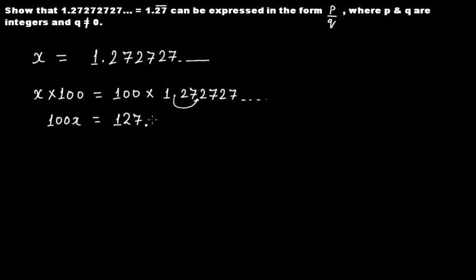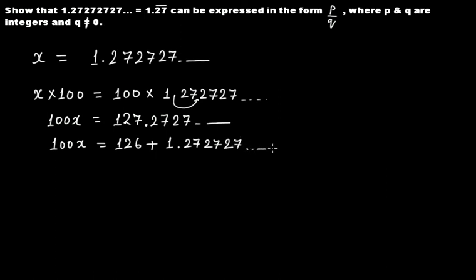So this is 127.2727. Now this can be written as 100x is equal to 126 plus 1.272727, right? Why? 126 plus 1.272727 and so on is actually 127.272727. If you add, you'll get the same number.